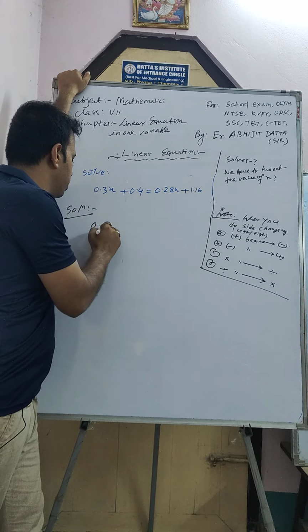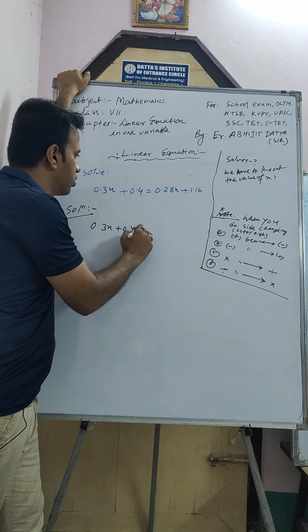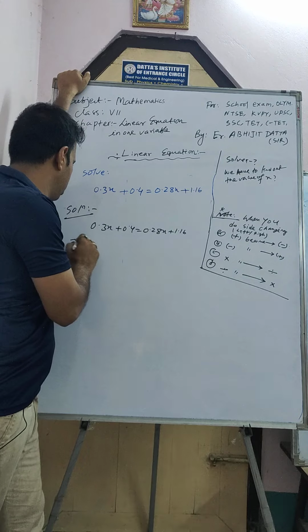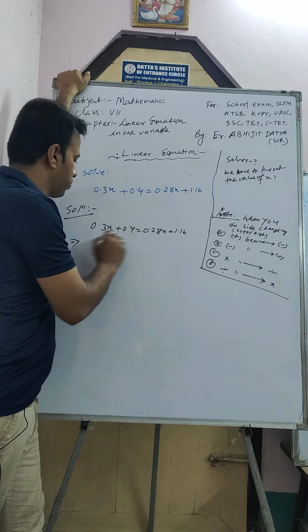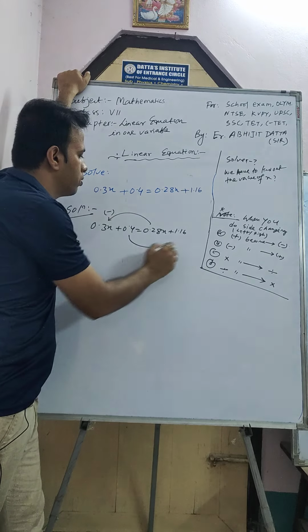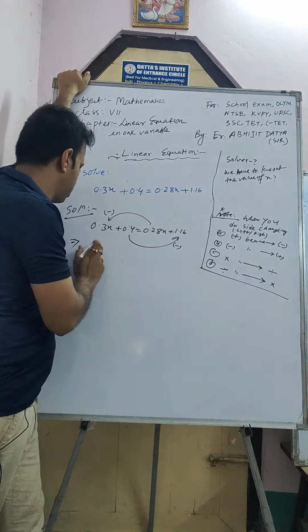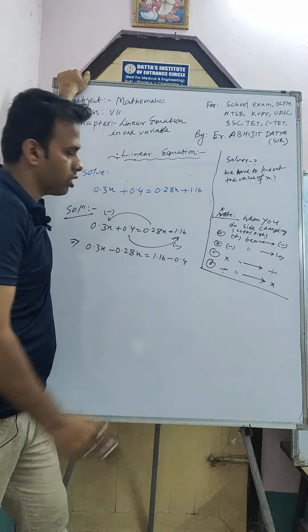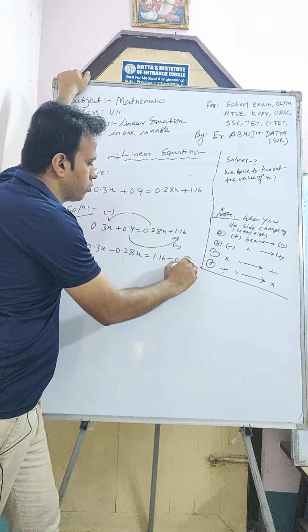It will be 0.3x plus 0.4 equal to 0.28x plus 1.16. Now if I change the side, plus will become minus. So 0.3x minus 0.28x equal to 1.16 minus 0.4.